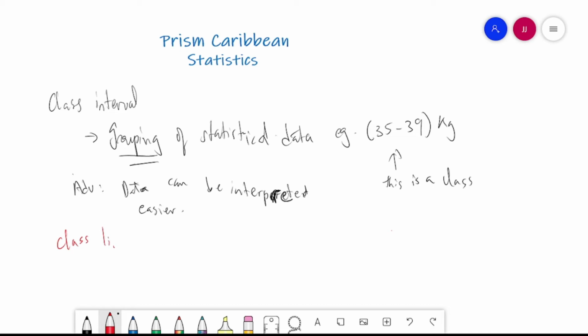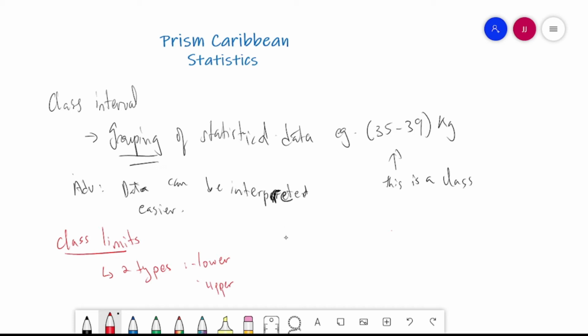Class limits. This identifies the end values of a class. Two types: you have the lower class limit and then you have the upper.